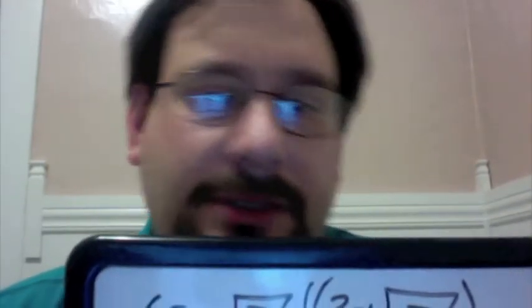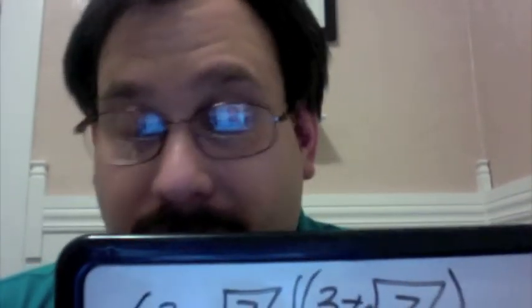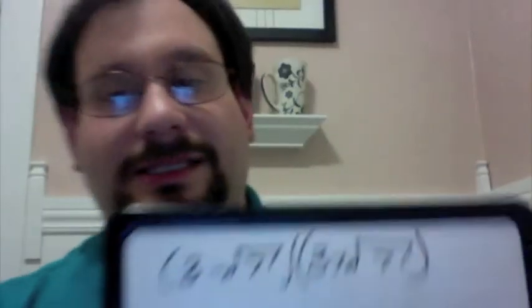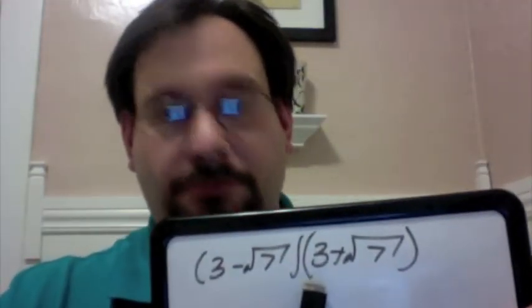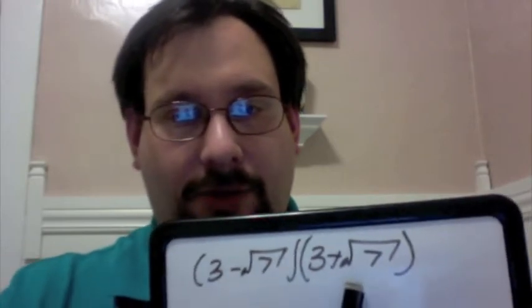Normally you would simplify whatever is inside the parentheses. Well, in this case, because you have an integer, 3, and a radical, square root of 7, you can't add them. You can add them together to get an approximate number, but you can't add them together to get an exact answer, which is what we're looking for here.